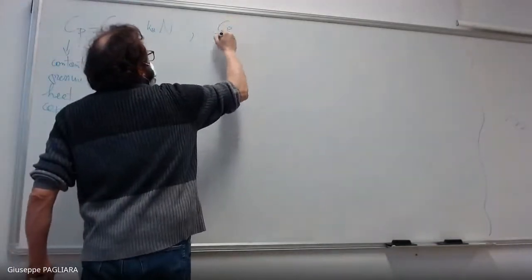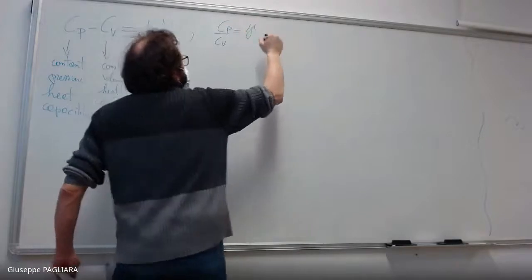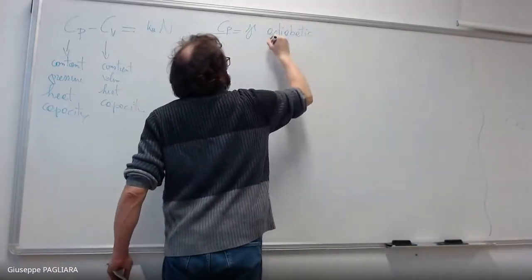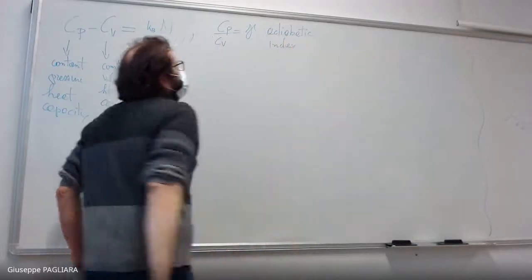Then the ratio Cp divided by Cv is gamma, and this is called adiabatic index. Okay.